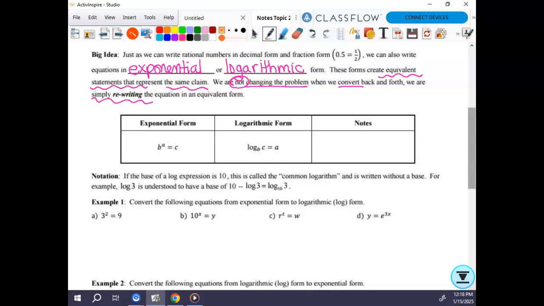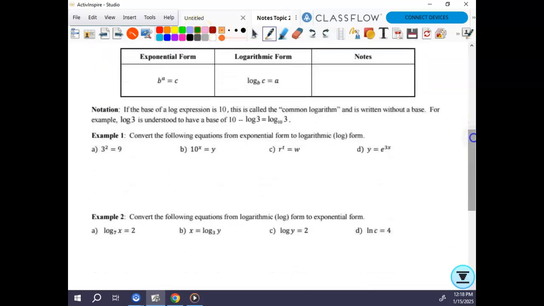So here's an exponential form, logarithmic form. The A, B, and C in there have the same relationship in both of them, but they look very, very different. In both of these, the base is B. The base of the exponential is the thing that has the exponent on it. The base of the log is the little subscript on the log to tell you what base it is. But either way, those are bases, okay?